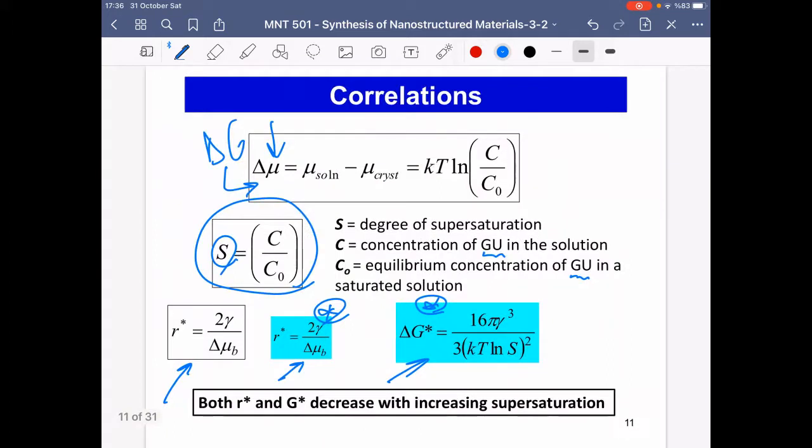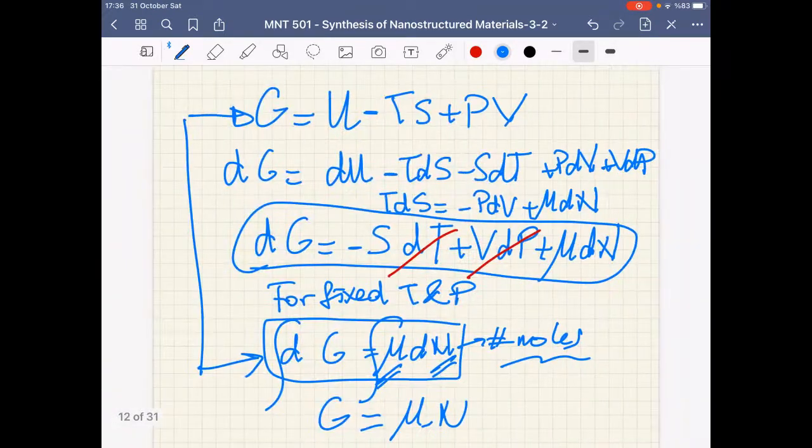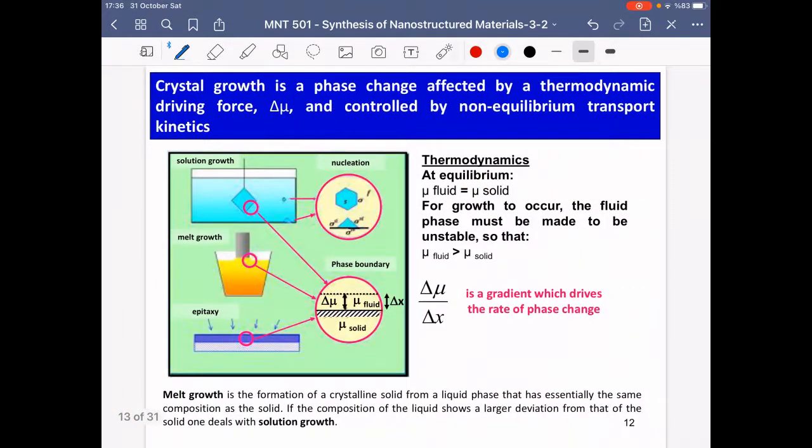So what I try to show you is the importance of the chemical potential, how it affects the Gibbs free energy, and how these things are correlating with the supersaturation level here. Okay, so crystal growth is a phase change affected by a thermodynamic driving force, delta mu, and controlled by a non-equilibrium transport kinetics.